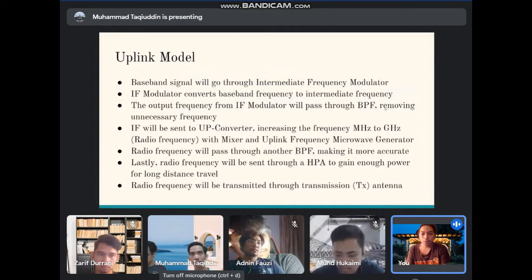The radio frequency will go through another bandpass filter to make it more accurate. And lastly, the radio frequency will be sent through a high power amplifier to get enough power for long distance travel, and it will be transmitted using the TX antenna.